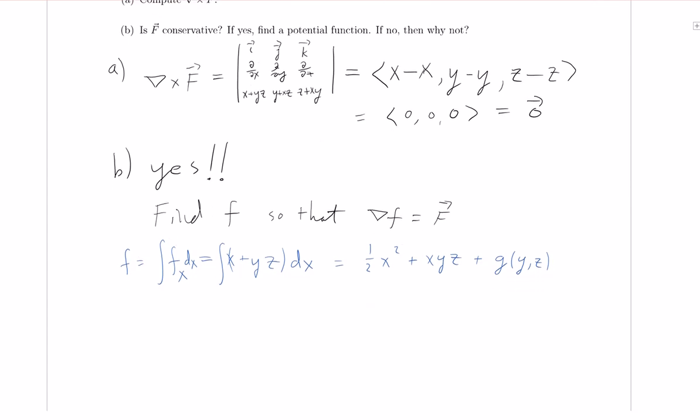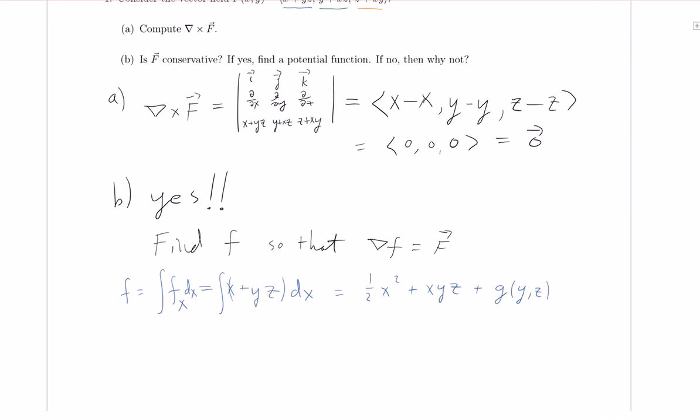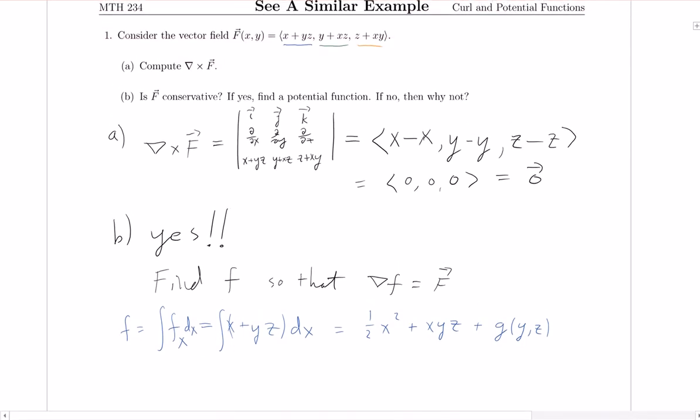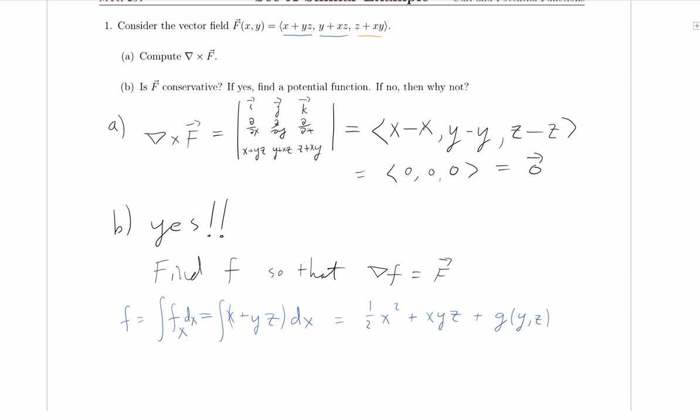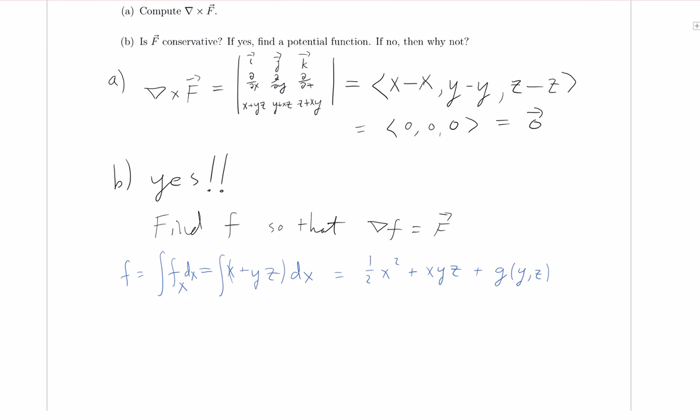Okay. So now that we have this, we need to take into account the other variables. So now let's look at the y slot. We colored it in green up here. The y derivative of little f should be equal to y plus xz. I'm going to mark this here with a star, so we'll come back to it.